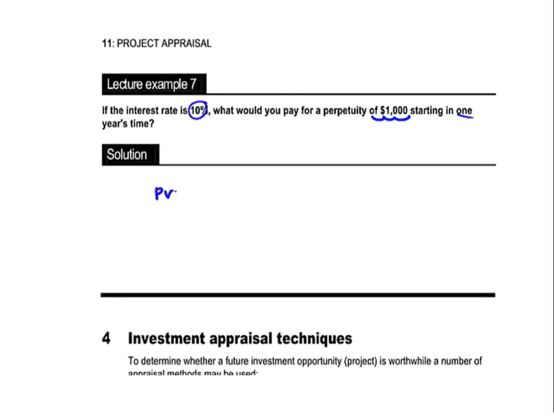So the present value is equal to the value of that annuity times 1 over R. So 1,000 times 1 over 0.1, or 1,000 divided by 0.1. It's equal to $10,000, because you'd be prepared to pay $10,000 now to get yourself a perpetuity which was going to pay you that regular income of $1,000 per year.